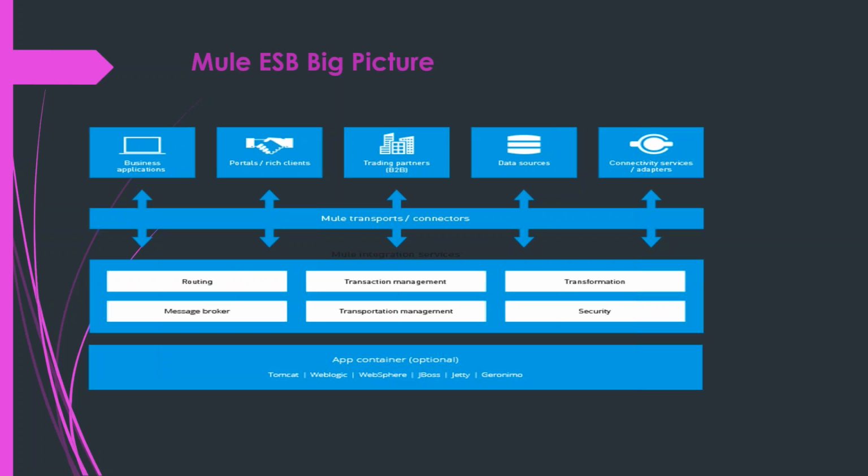Next is transformation. We can do a lot of transformations. Transformation is nothing but changing the data format, from JSON, XML, Java, CSV, or MS Excel, and many other formats, from one format to another using a lot of tools. Next is message broker. These are queuing concepts which we can implement using it. Next is transport management.